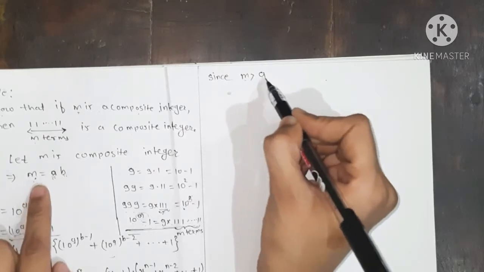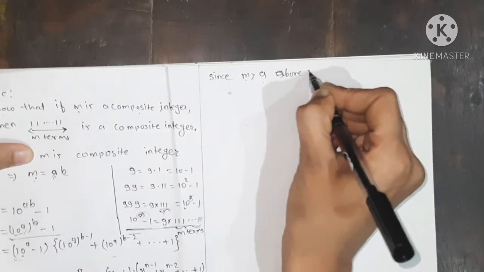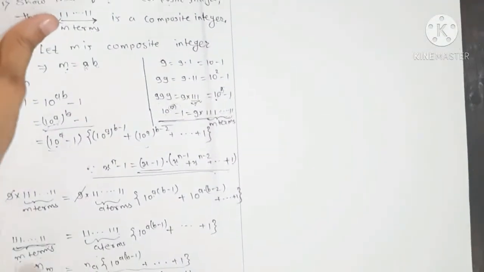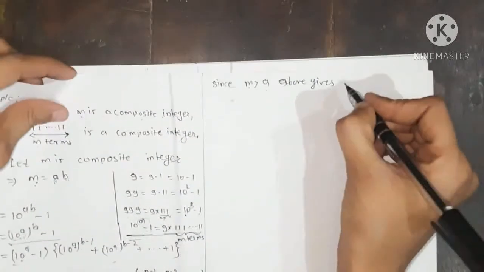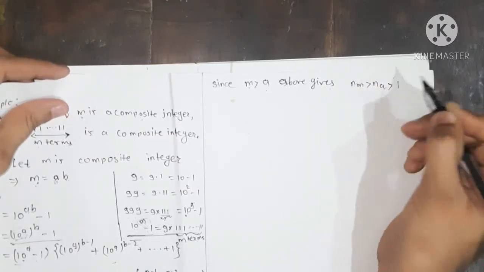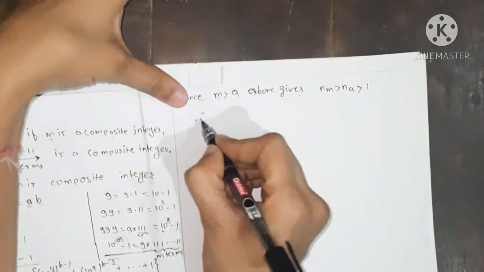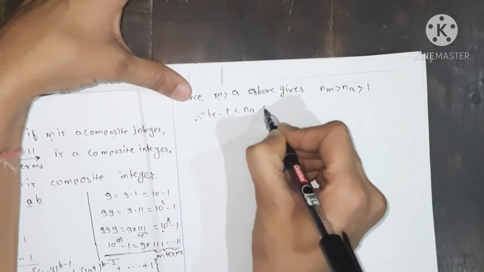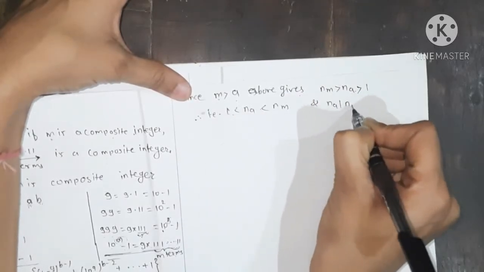So m is greater than a, therefore nm, that is 1 1 1, is greater than na, and this na is always greater than 1, therefore 1 is lesser than na lesser than nm, and also na divides nm.